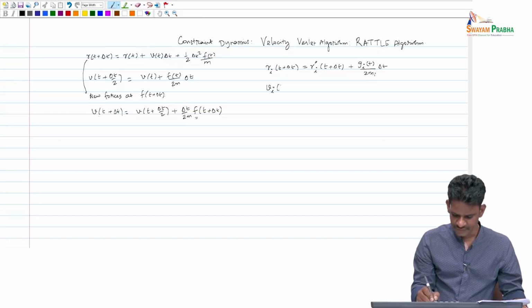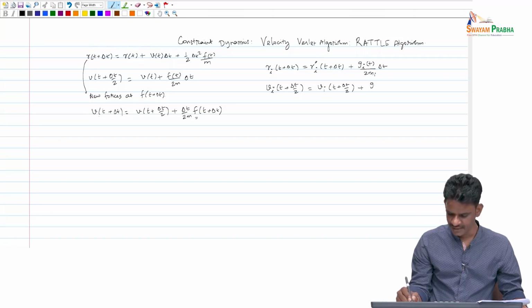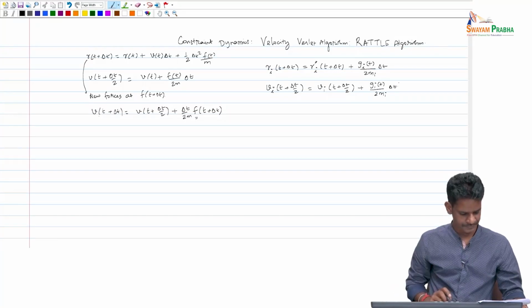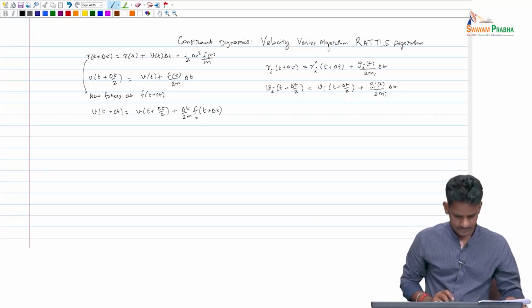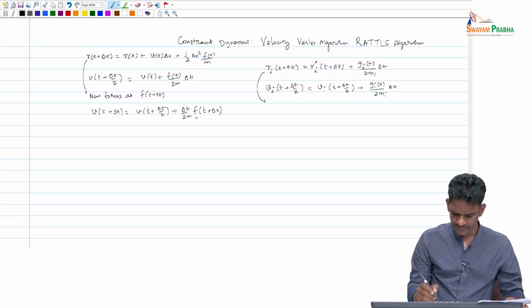Similarly, the half step velocity is obtained by taking the velocity at half step without any constraint force, and then we add the constraint force. Now with this new position, we calculate new forces, and then we get the new velocity.